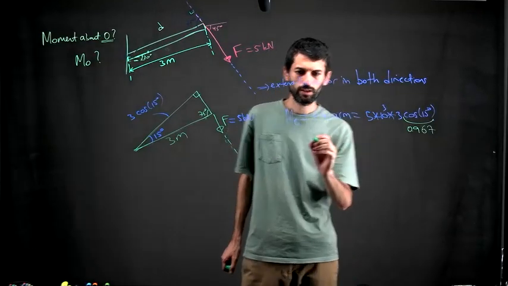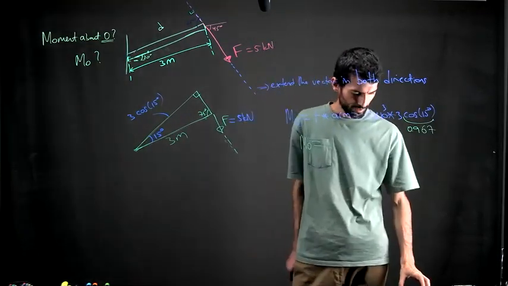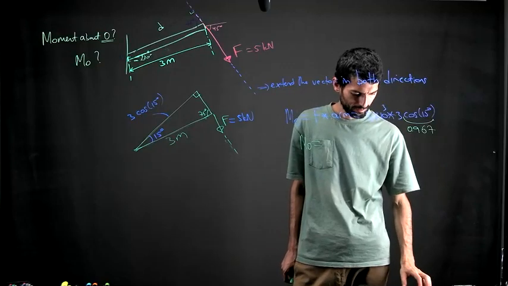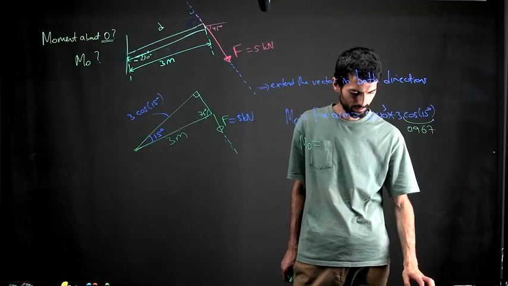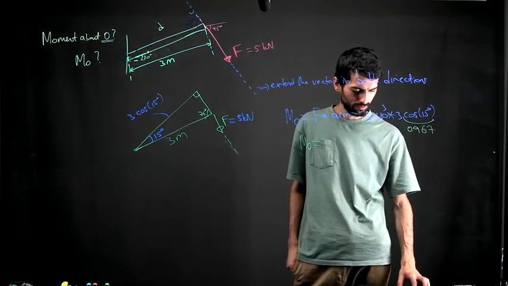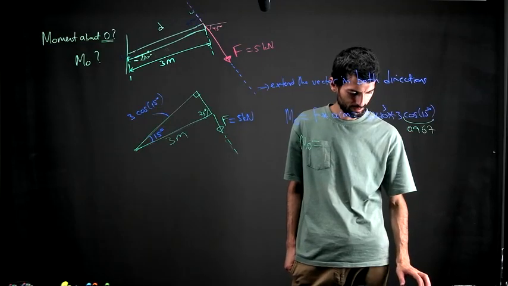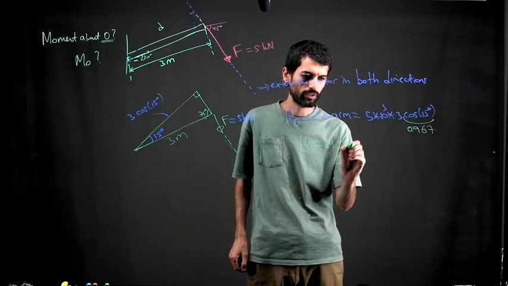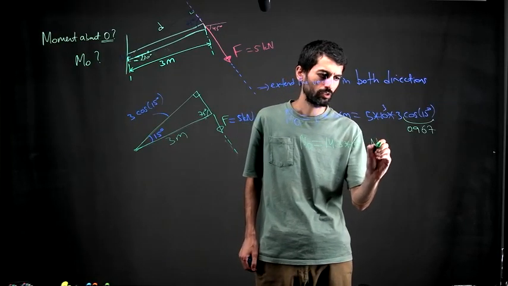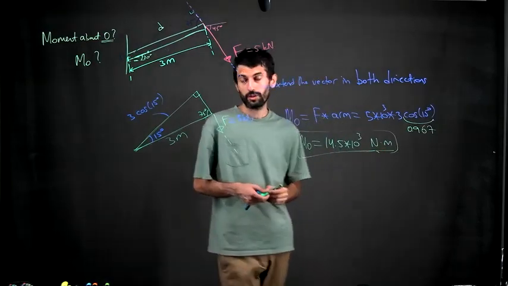So then the moment about O will be 5 times 3, which is 15, times 0.967. That will be 14.5 times 10 to the power of 3 newton meters. Okay, and this is the moment.